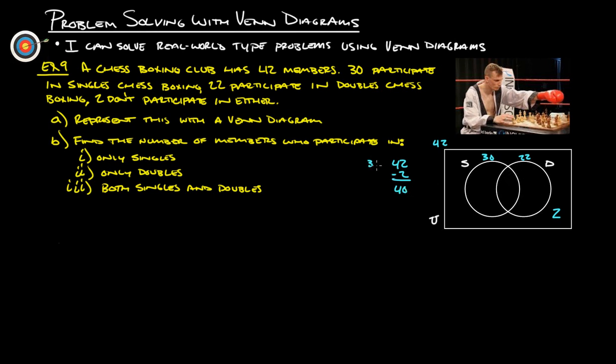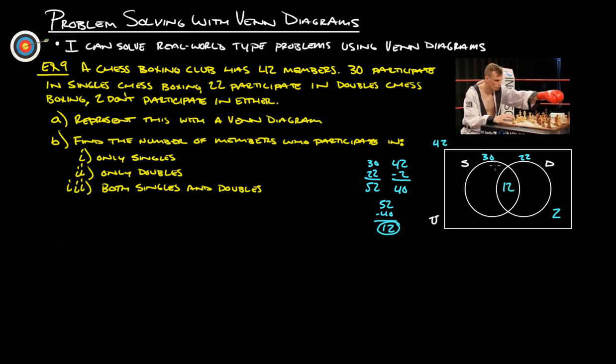So if we have our 30 and our 22, that's 52 total if they were all individual. So we have to figure out how much overlap there is, how many are in both, and that's where we would take 52 minus 40. Gives us that there are 12 that are in both regions.